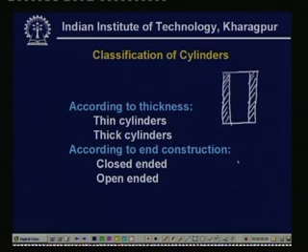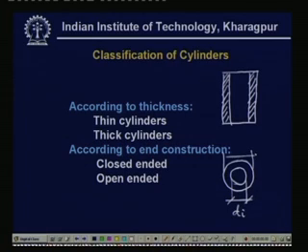If you look at here, this is the internal diameter di, and this is the external diameter do, and this distance is the thickness T. Definitely T will be equal to do minus di divided by 2.